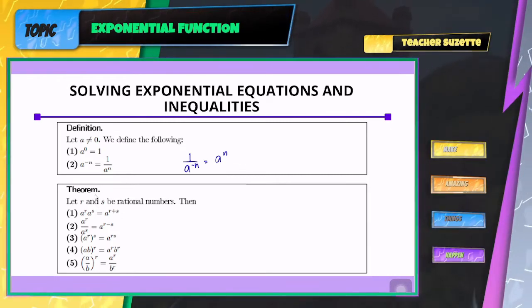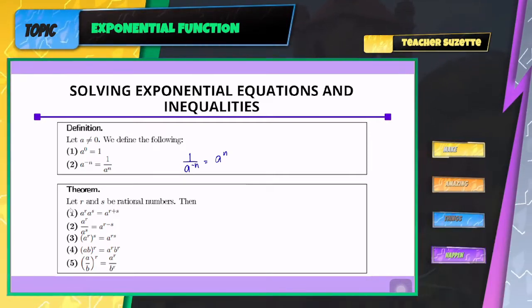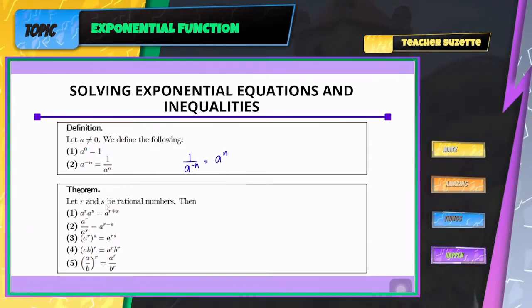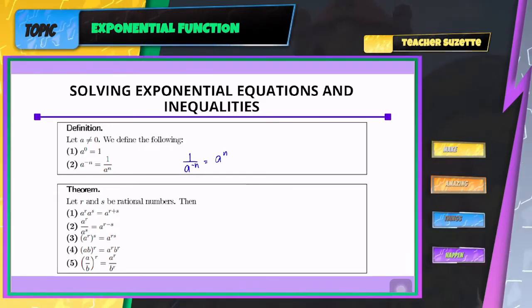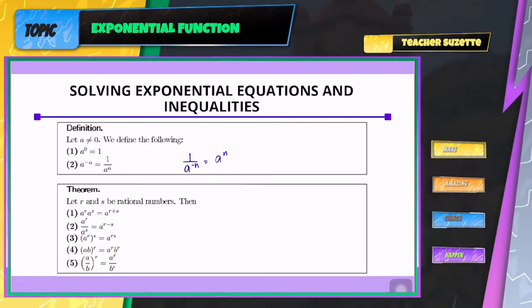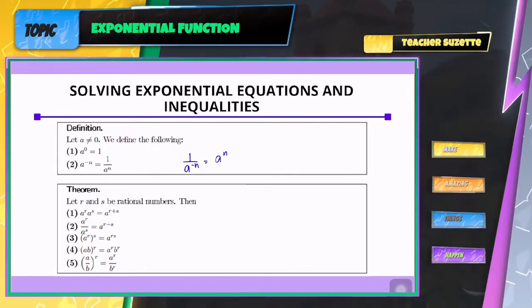Then, for the theorems, or ito yung mga tinatawag nating laws of exponent na you're familiar with. So, ito daw po yung mga dapat tatandaan. So, first one, if you let r and s be rational numbers. Then, for number 1, you have a raised to r times a raised to s. When you combine them, the product is equal to a raised to r plus s.